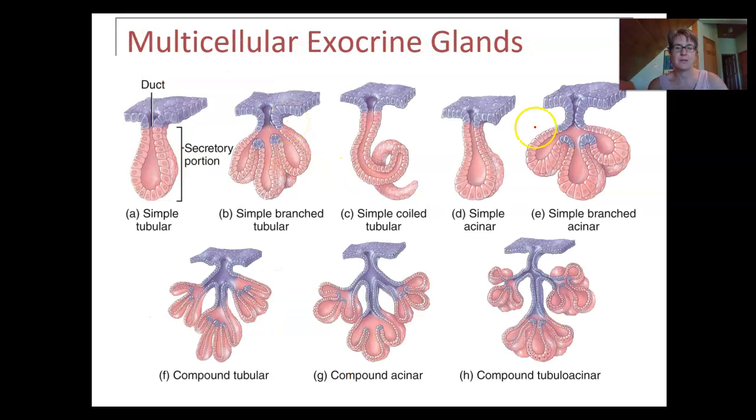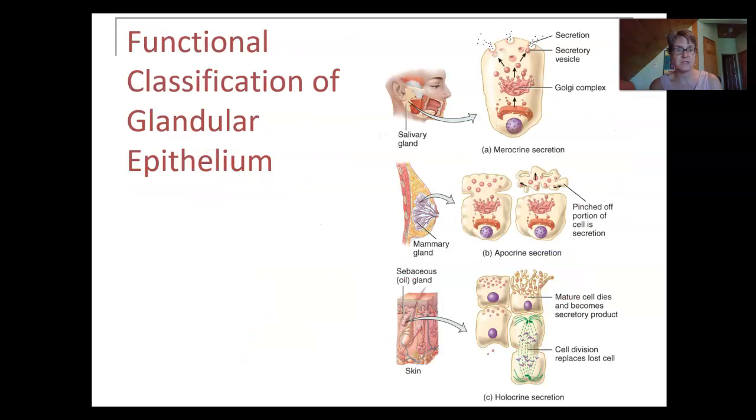We're not going to worry about any of this stuff, but I just let you know that there are all these different types of glands, different forms of secretion. I don't even want to talk about this stuff. This is 200 level stuff here in the 100 level class.